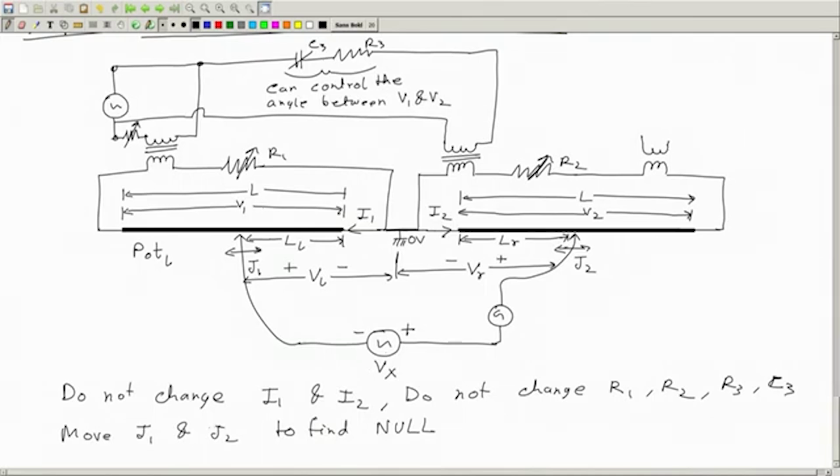So, at null we can write that Vx is equal to, how much?